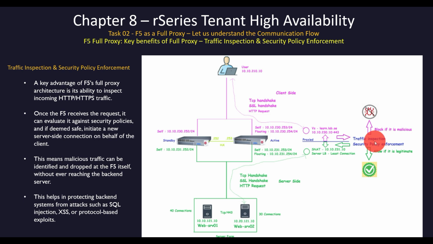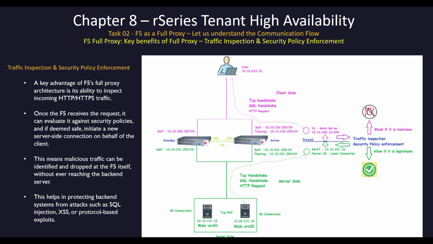Based on the evaluation, if it finds the request safe, then it initiates a new server-side connection to the backend server on behalf of the client. This means malicious traffic can be identified and dropped at the F5 itself without ever reaching the backend server. This helps in protecting the backend system from attacks such as SQL injection, cross-site scripting, and protocol-based exploits.